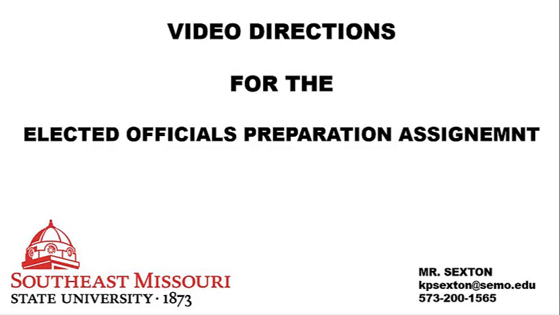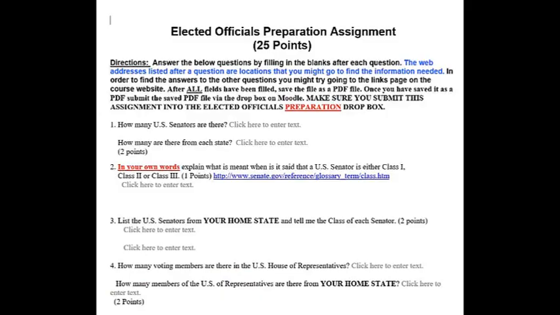Okay? When you log on to do this assignment, you're going to see a link that will allow you to download a file. And the file is going to open a Word document. Each of the questions that I ask, as you can see on the screen, have little spots where you can type the answers directly into this form, this document.